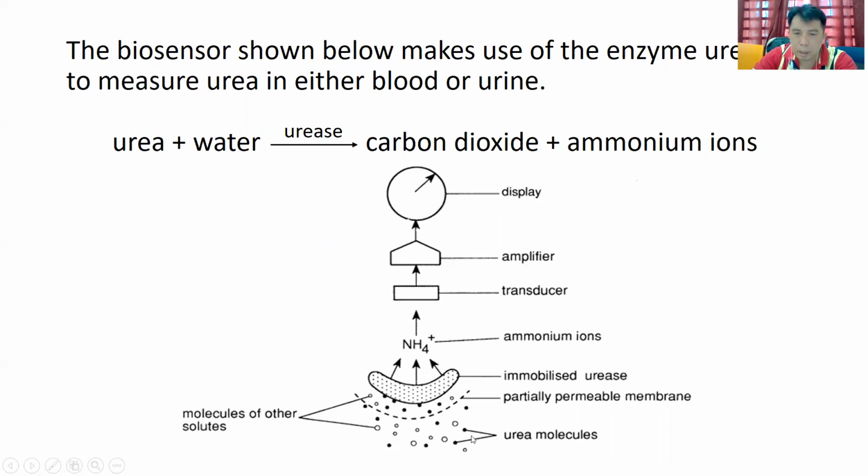You see the solute, including the urea, and then a partially permeable membrane here, then the immobilized urease. This is the product, ammonium ions, and then the transducer, amplifier, and display. The amplifier actually includes the microprocessor inside here.